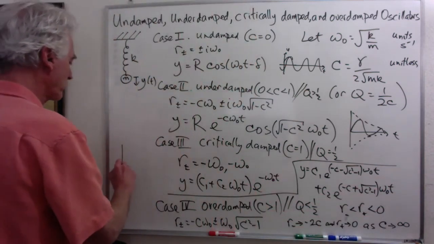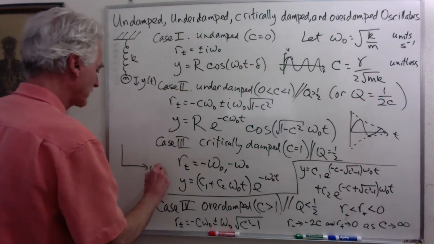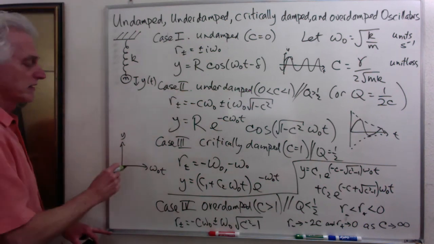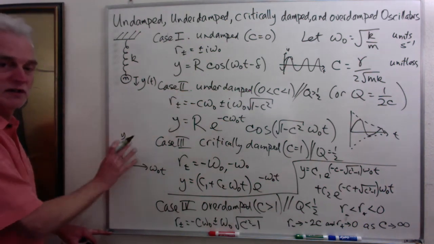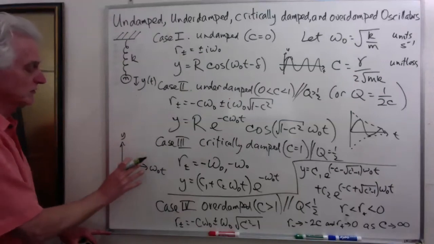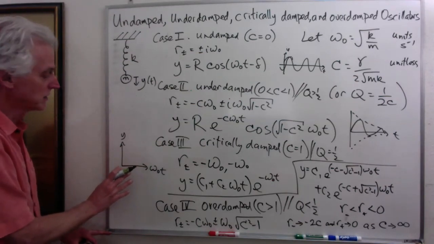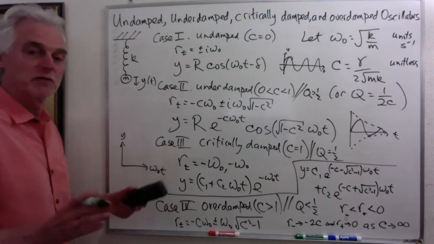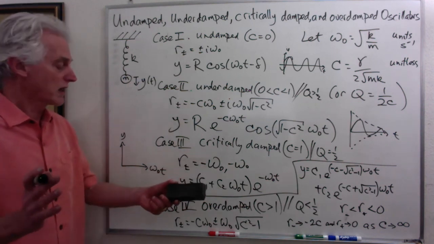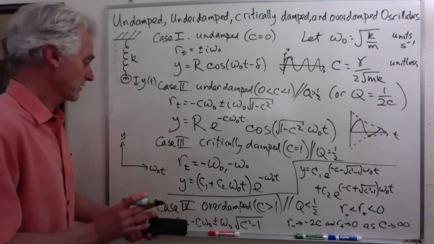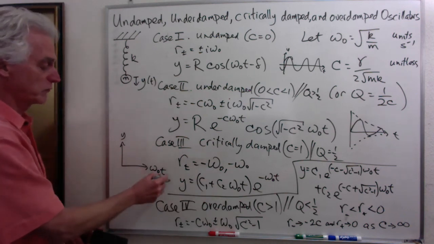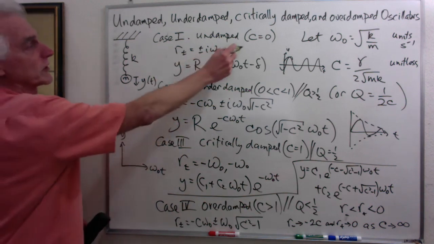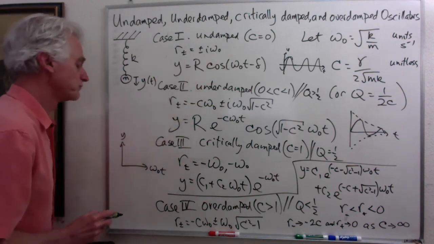So in fact, if I plot omega naught t and y, then this picture always looks the same for a solution, regardless of what omega naught is. The period might be milliseconds. It might be billions of years, okay? But if I plot it with omega naught t, the picture looks the same for a given c.